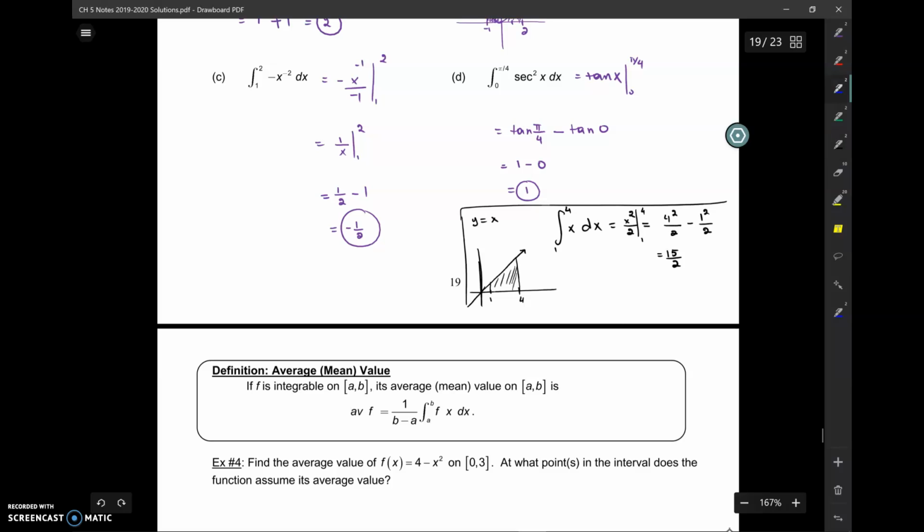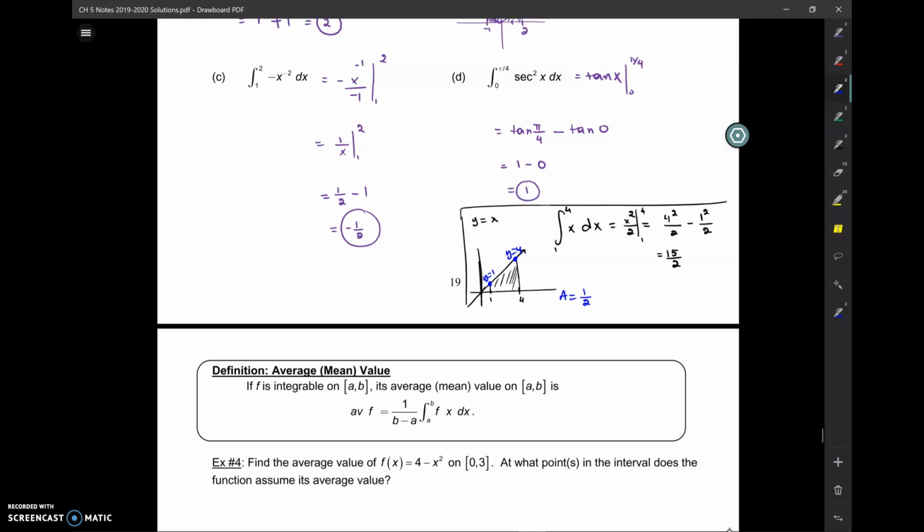Okay? What do I get from the area? What's the y value here? 1. What's the y value there? 4. So what shape is that? It's a trapezoid. So it's half times the height.